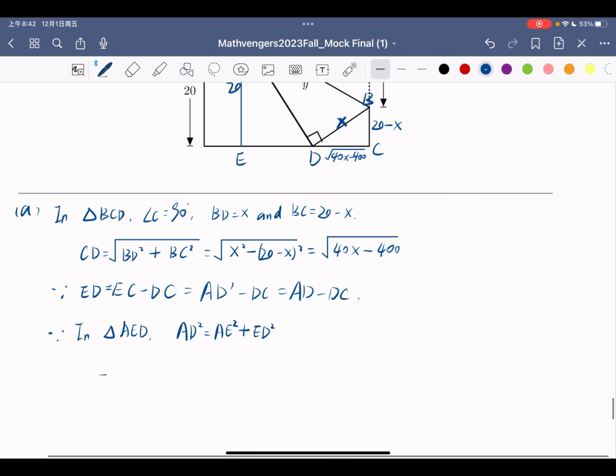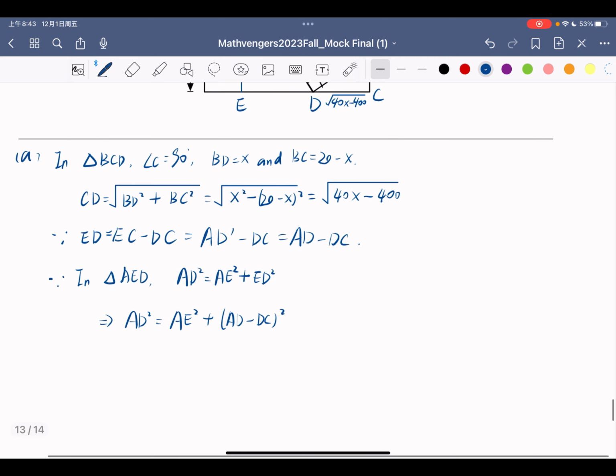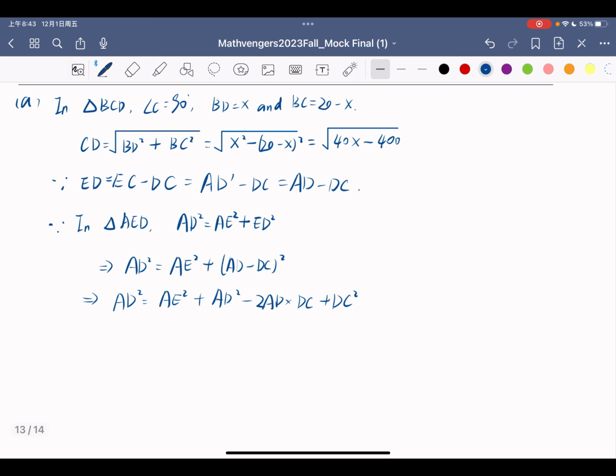So we write AD square is equal to AE square plus (AD minus DC) square. And we simplify this. AD square is equal to AE square plus AD square minus 2AD times DC plus DC square. And you can see we can cancel AD square out.